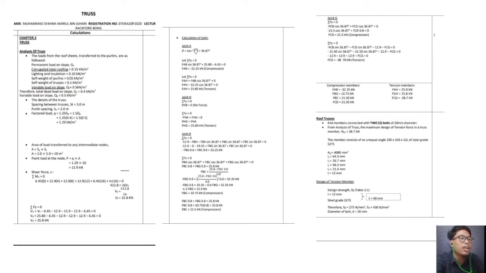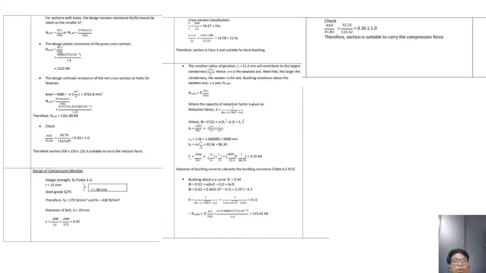Diameter of bolt d equals 22 millimeters. For a section with holes, design tension resistance Nt,Rd should be taken as the smaller of the design plastic resistance of the gross cross section, which we get as 1122 kN.